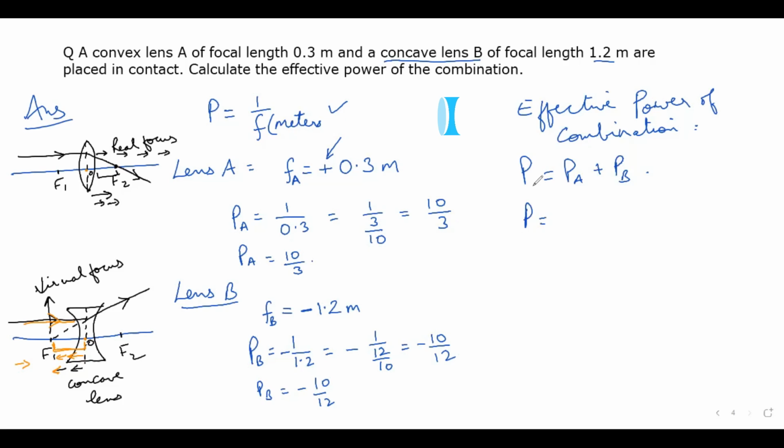We can write it as PC, where PC means power of combination. PA is 10 upon 3 and PB is minus 10 upon 12. Calculate and tell me what the answer will be.